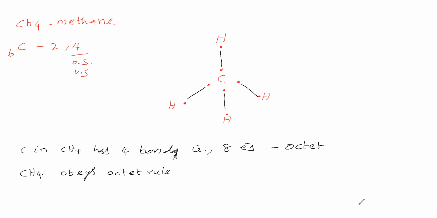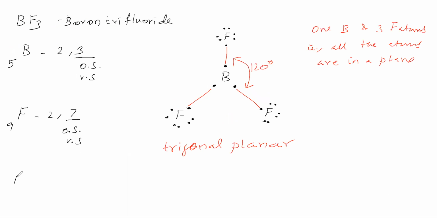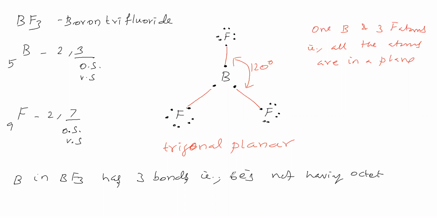What about the previous molecules? Now boron in BF3 has 3 bonds. That means 6 electrons. 6 electrons means not having an octet configuration. Therefore, BF3 is an electron deficient molecule, because it is not having an octet configuration.